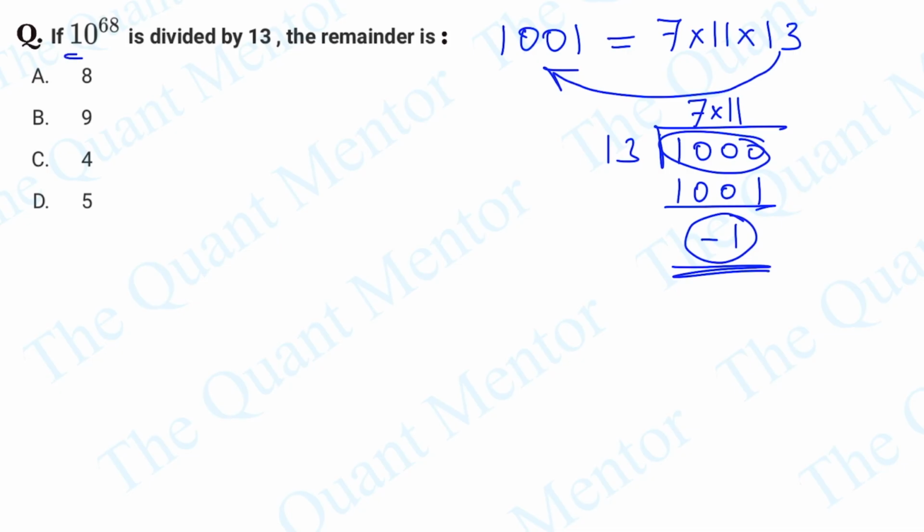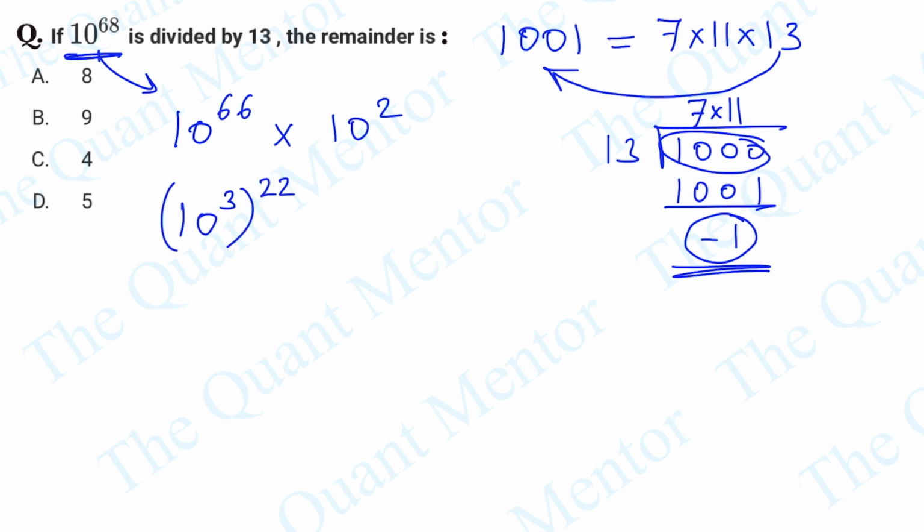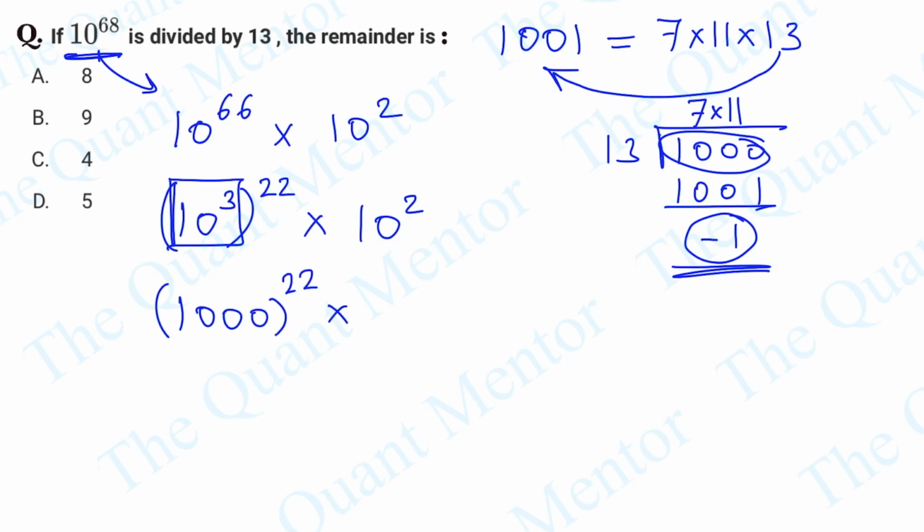Let's start by considering 10 power 68 written as 10 power 66 into 10 power 2. Further, 10 power 66 can be broken as 10 power 3 the whole power 22 using our laws of indices into 10 power 2. Now 10 power 3 is nothing but 1000, and 1000 is getting raised to the power 22 into 10 square is basically equal to 100. 1000 gives a remainder of minus 1 when divided by 13.